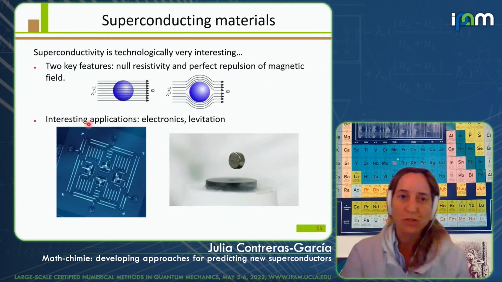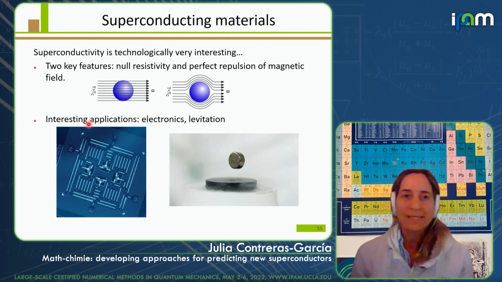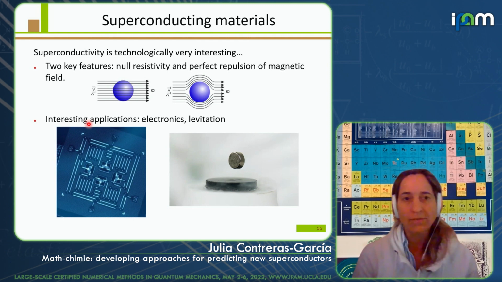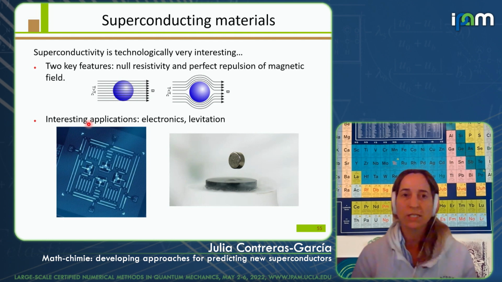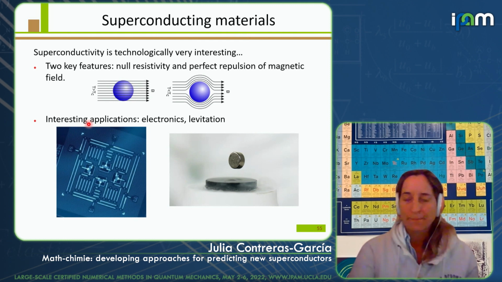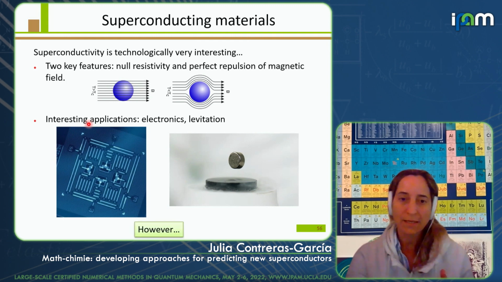Well, now we're going to superconductivity, and with some colleagues of ours we were interested in superconductivity, obviously, because it has two key features. It has null resistivity and perfect repulsion of magnetic fields, and this leads to important applications in electronics and levitation. Basically, it would be great if we had them.